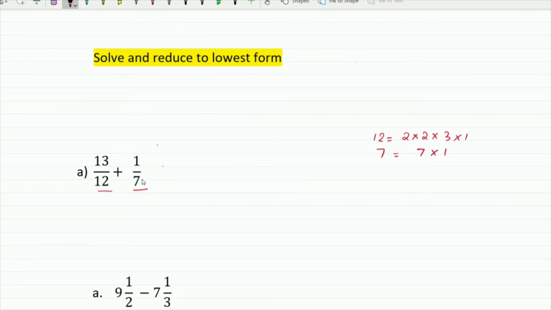So both 12 and 7 have only 1 as a common factor. If two numbers have only one as a common factor, then we should do cross multiplication. Cross multiplication we have to do for finding the addition, or the sum, of these fractions. You do cross multiplication and then you can find it out.